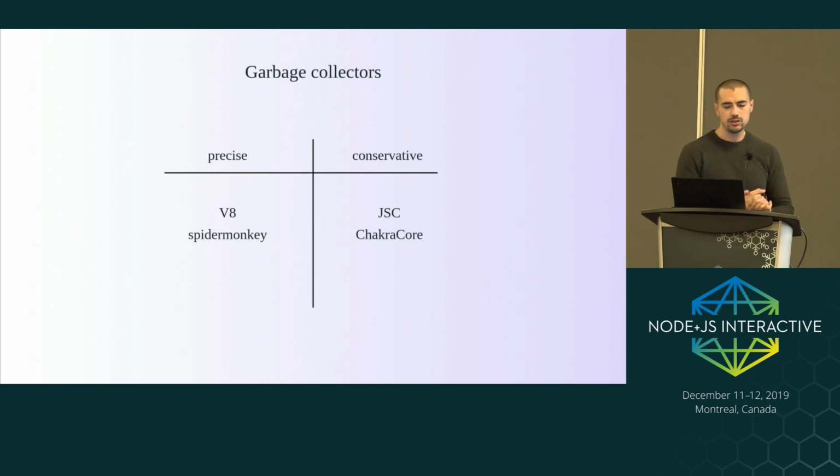We haven't talked too much about garbage collection or their approach, but nowadays, if we go through all major browsers, we can say that V8 and SpiderMonkey use a precise strategy, so they know exactly how many allocations they did during the execution.